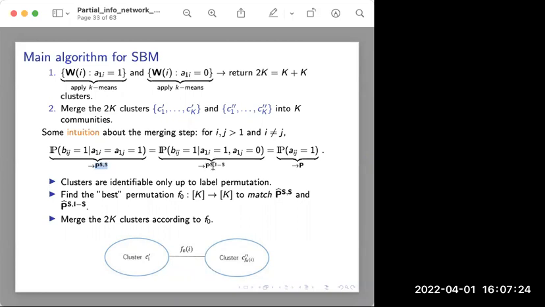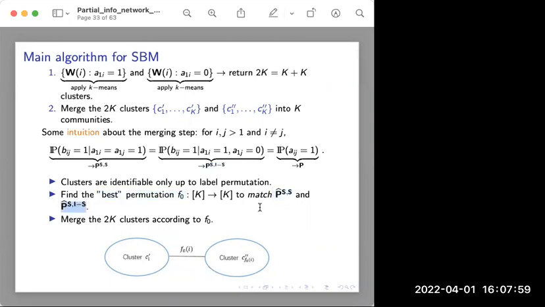Similarly, I can construct a second estimate of P by looking at a rectangular matrix, where the rows are the neighbors of 1 and the columns are the non-neighbors of 1. Again, I just do a frequency count and construct the estimates within each block. Now, because the non-neighbors clusters can contain a label permutation compared to the grouping I have for the neighbors, the goal is to find the best permutation such that these two estimates match.